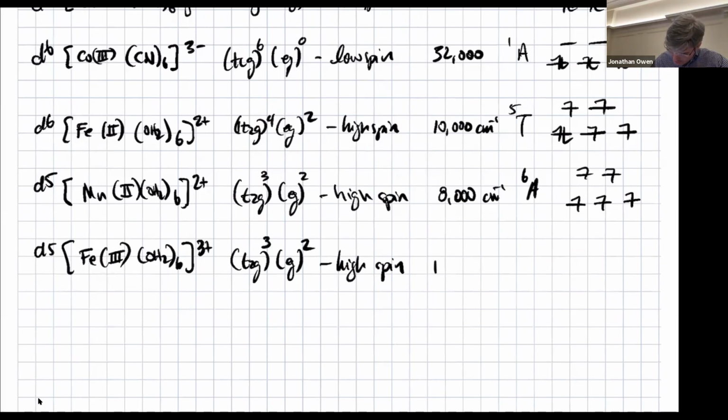Here, the spacing is 14,000 wave numbers. It's high spin because there are 5 electrons. Lots of exchange to be had there.